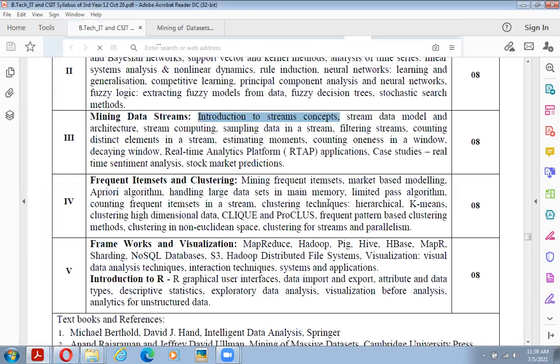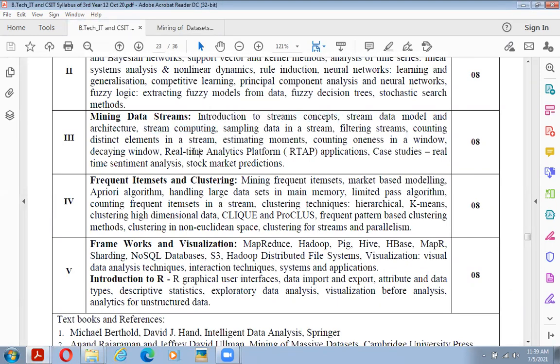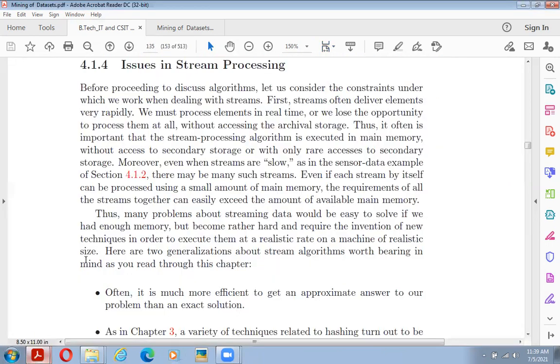And what we have learned right now, we are focusing on stream computing, where we are learning about windows. Next we'll focus on sampling, how the sampling is done. Before that, let's understand what the issues in stream processing are.